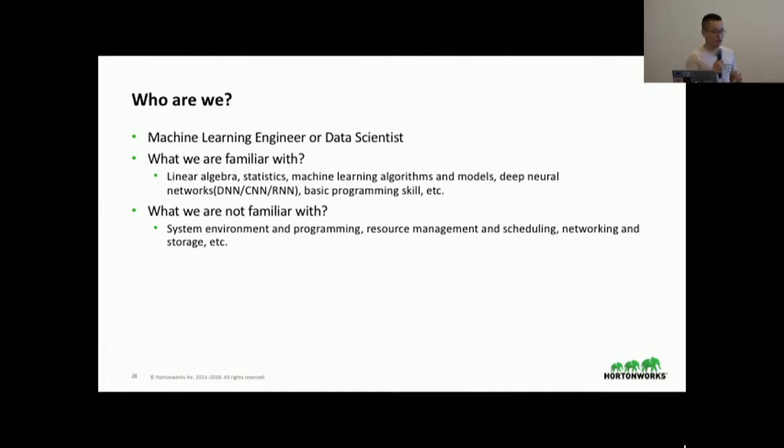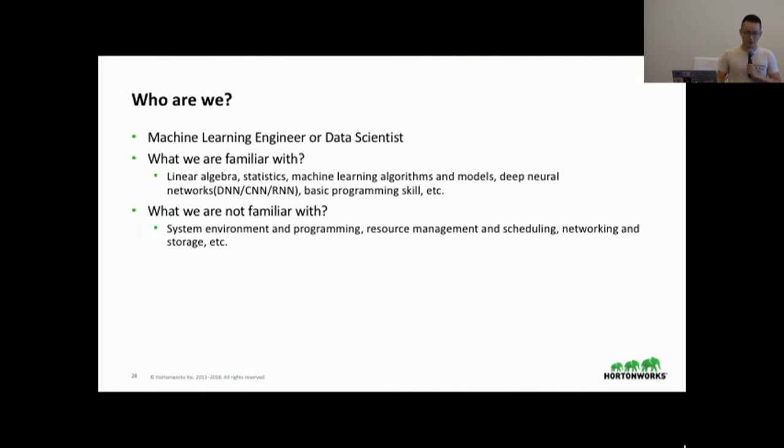We have a very strong background in mathematics, and I have basic programming skills. For example, we can only run some code using Python or R. We can't handle system environment problems. We can't handle I/O errors, networking errors, or DNS errors. This is a really tough problem for a machine learning engineer.